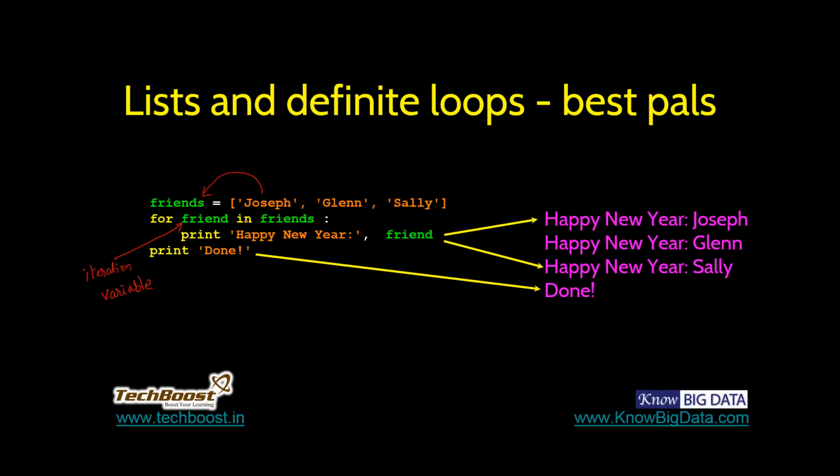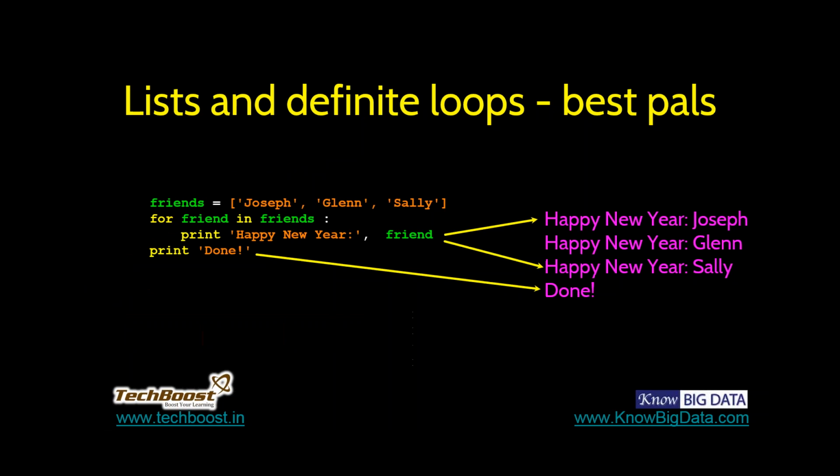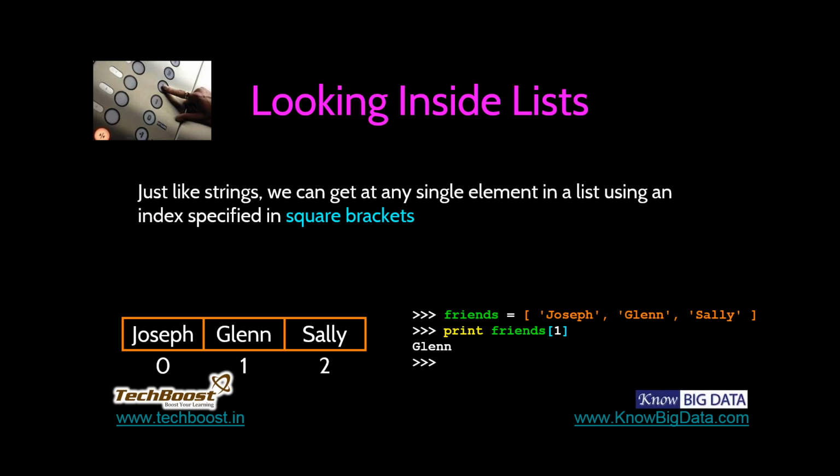And I'm trying to see what all friends do I have in this list, and I'm trying to wish all of them a happy new year. So for friend in friends, friend again takes item from this list one by one. All right. And we wish them happy new year. Simple enough. So let's proceed. I think we have discussed this before also. If you feel anything needs to be discussed more, just put down in the questions window.